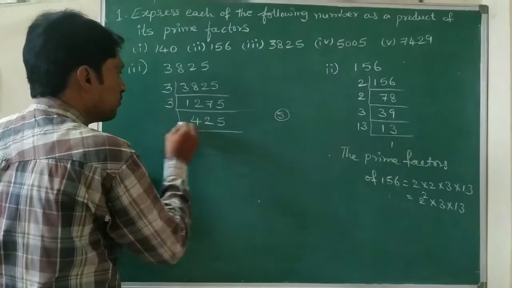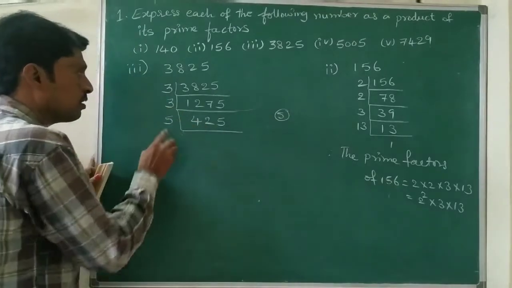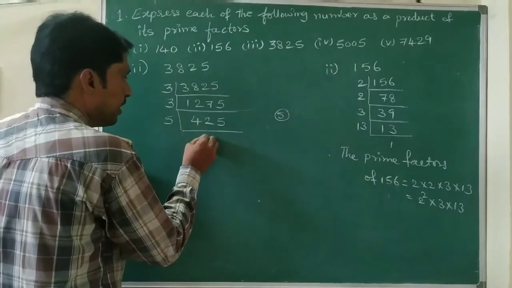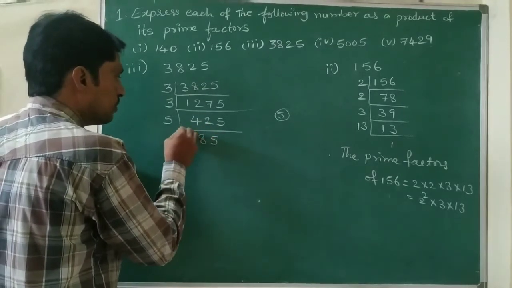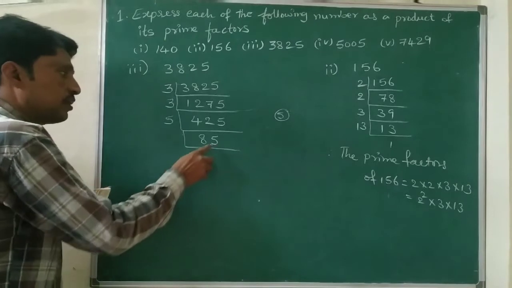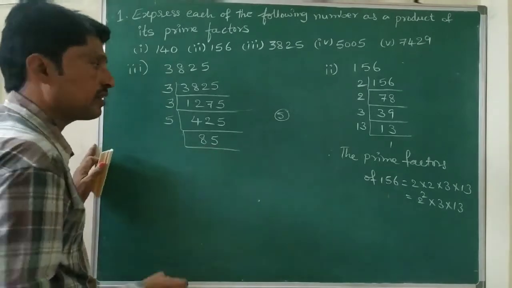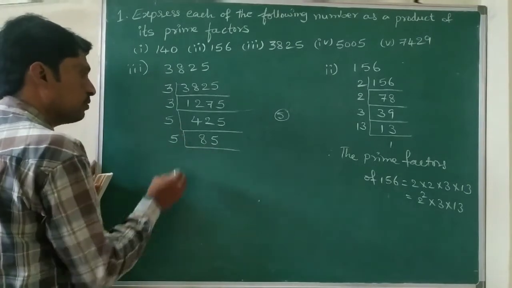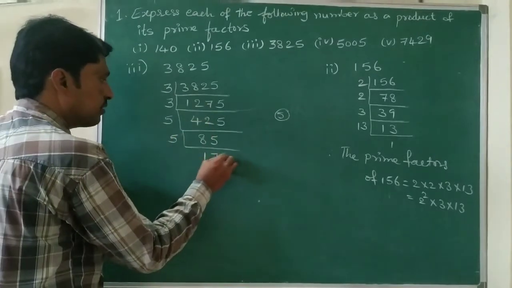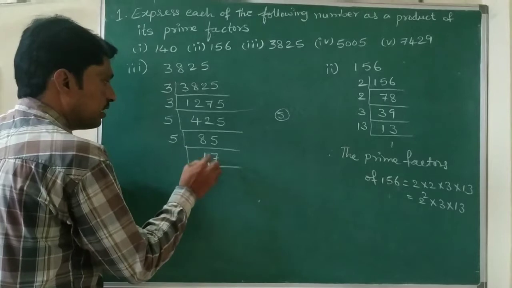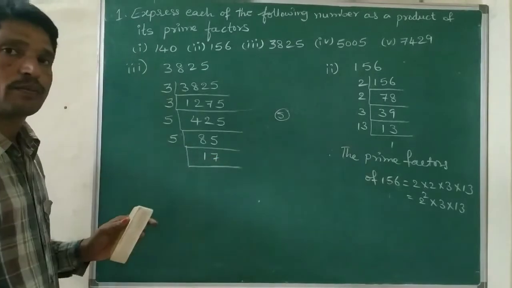Means now the next prime number. The next prime number is 5. So 5 2s you have to take. 5 8s are 40, 2 remained. 5 5s are 25. Now again the unit digit is 5, so again you can take 5 only. 5 1s are 5, 3 remained. 5 7s are 35. Again here we got 17. 17 is a prime number.